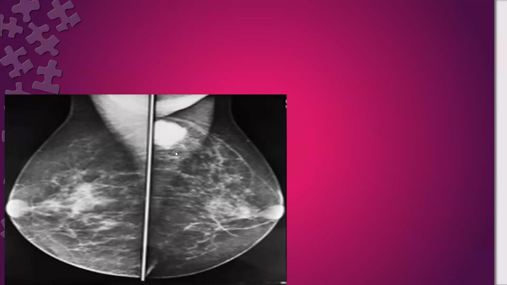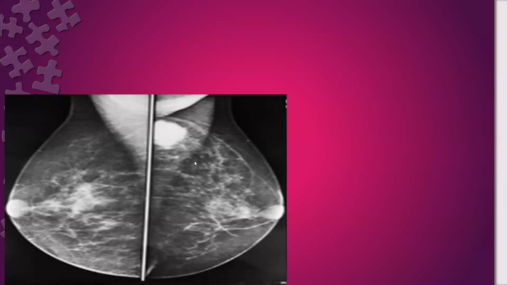Trabecular thickening, representing edema and architectural distortion. There is perilesional edema and architectural distortion extending throughout the outer breast, because it's extending from the mass and the mass is projecting into the pectoralis.